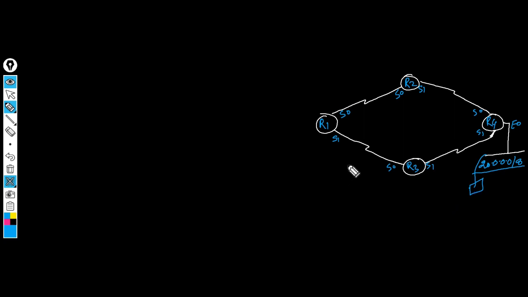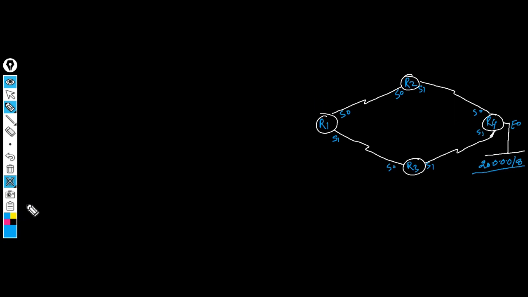Now the major point is that I will consider this router as my source router and this as my destination. Let's see what happens if it is source and if it is destination. Of course, there are a couple of major points to remember.